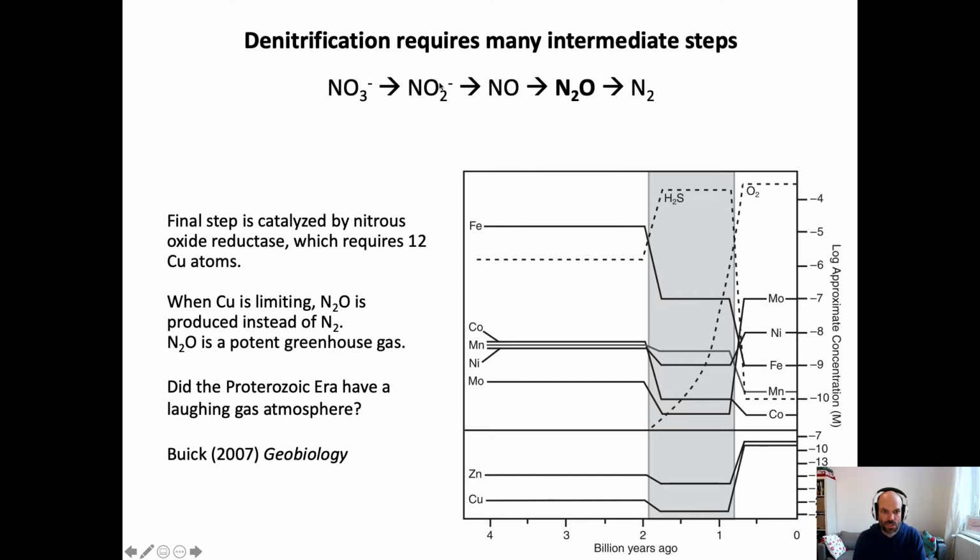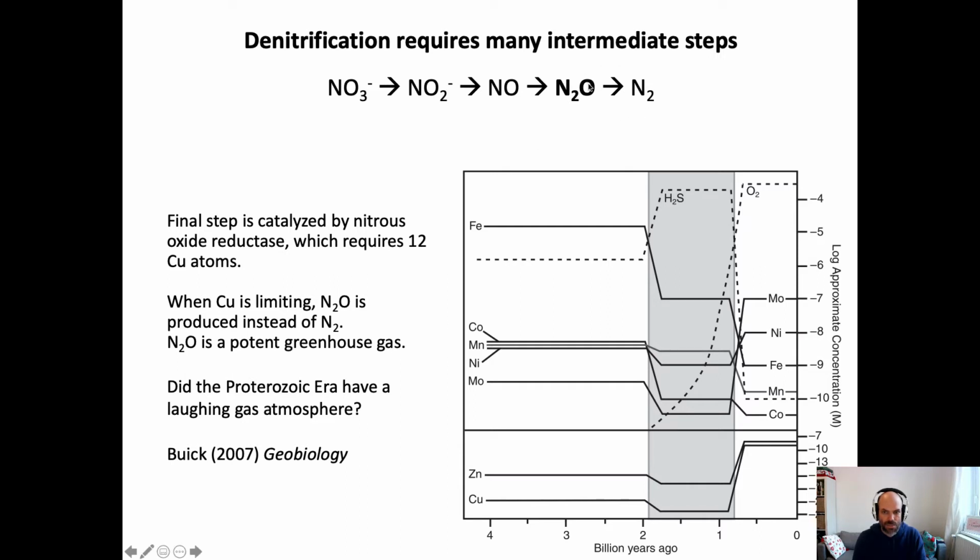So from nitrate to nitrite, from nitrite to nitric oxide, from nitric oxide to nitrous oxide, and nitrous oxide to N2. Each step of this pathway has to be catalyzed by different enzymes and generally by different species of bacteria. Some species can do multiple steps, but some species can only do one of these steps.